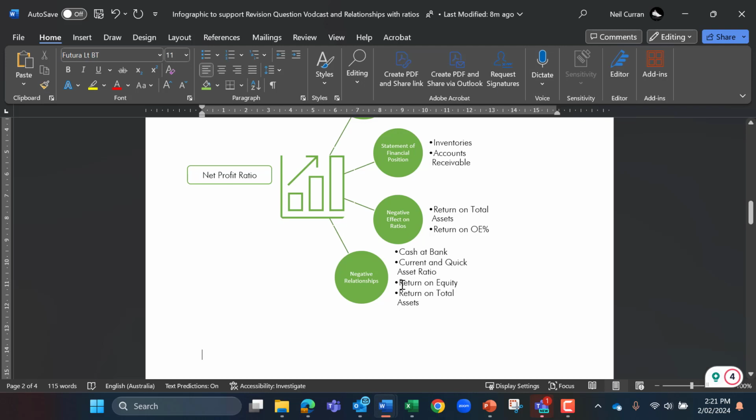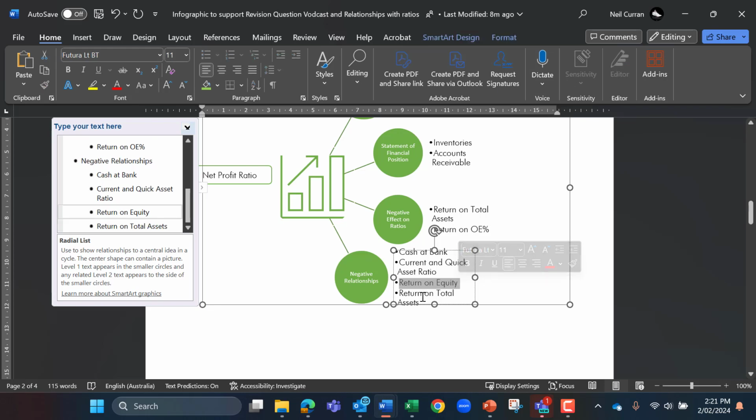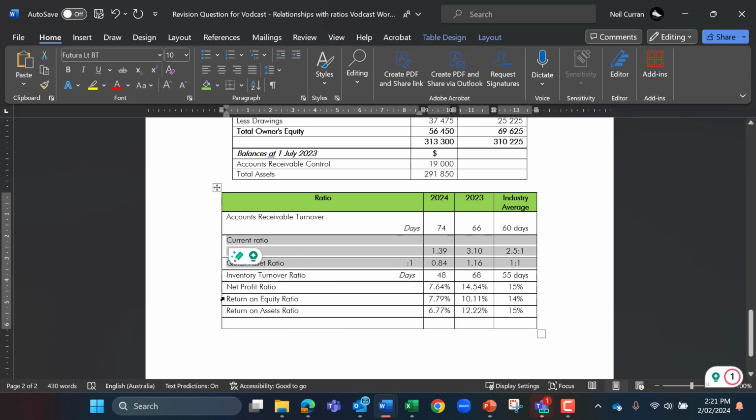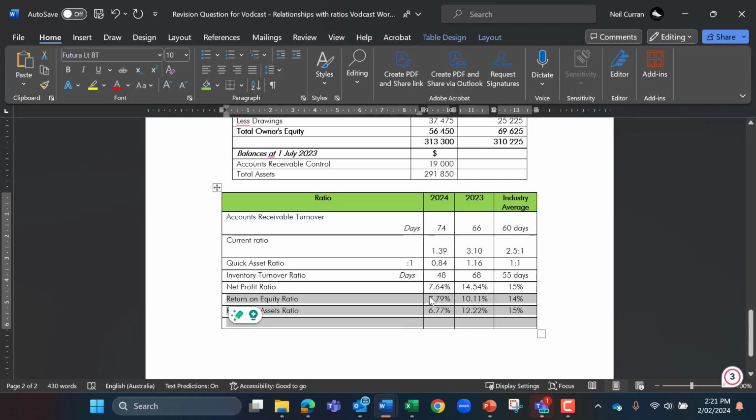Now also you'll see a negative or decrease in return on owner's equity percentage and also the return on total assets percentage, as we can see here. The return on equity percentage basically has gone from 10% all the way down to about 8%, and the return on total assets ratio has gone from 12% down to 7%.